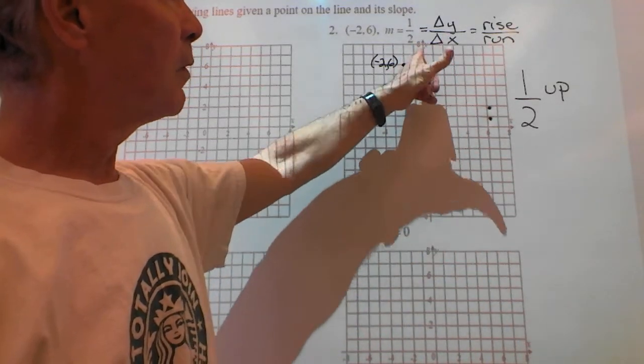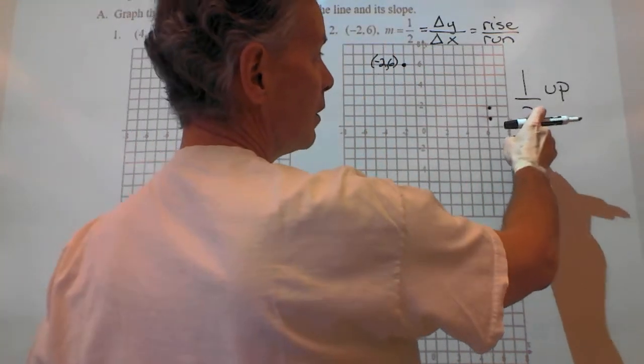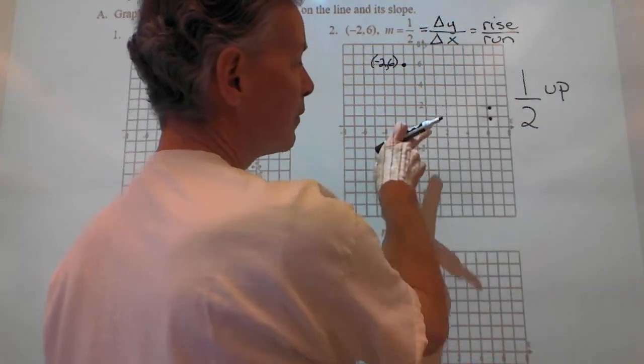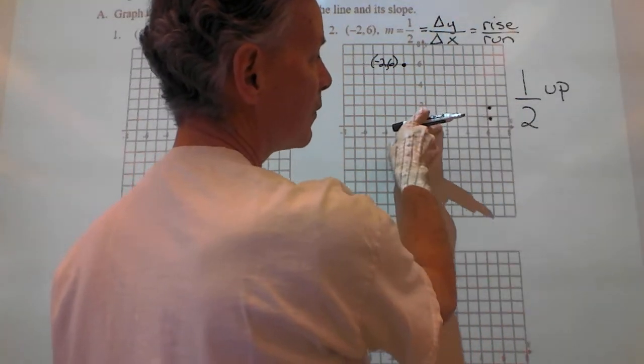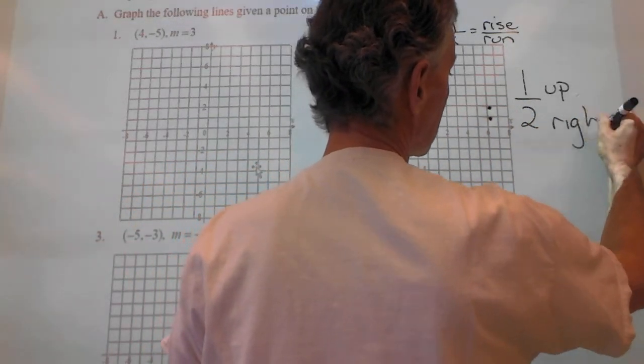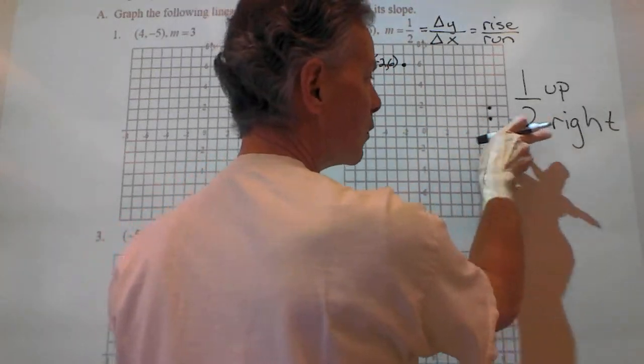The further up you go, the greater the positive number. Similarly, with our run, our change in x, it's also positive, and the positive x values are to the right. So a positive run indicates you have to go to the right.